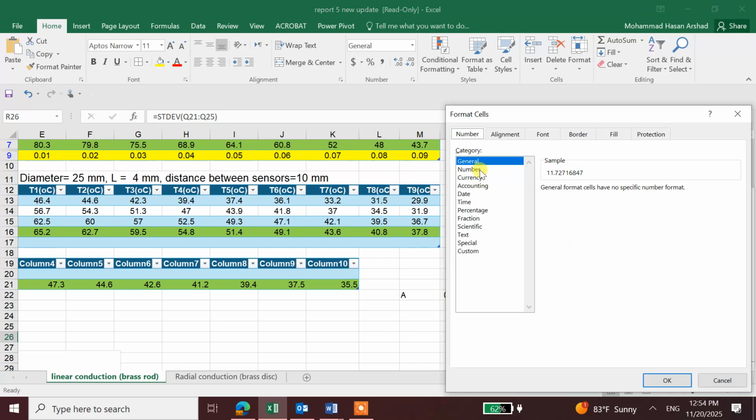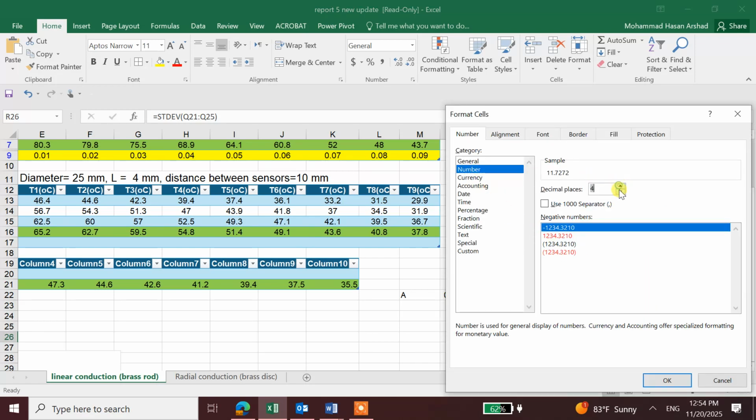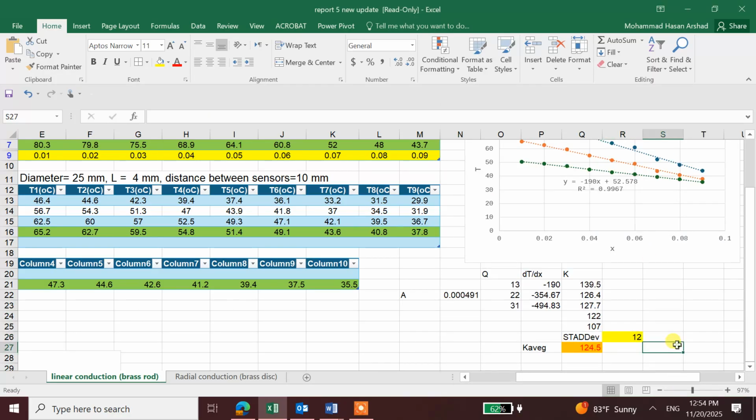The deviation is around 11, or 12 without decimals. So you can say that my k value is 124.5 plus minus 12, experimental.